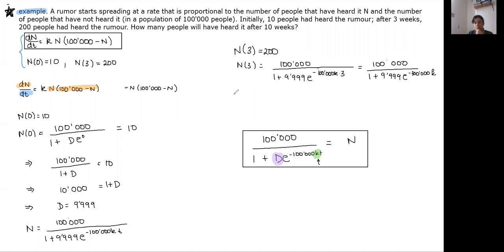Do I have any questions about this, or is that all right? All right, so then the next step over here would be, we would have to make 200 equal to this expression and then solve for k.